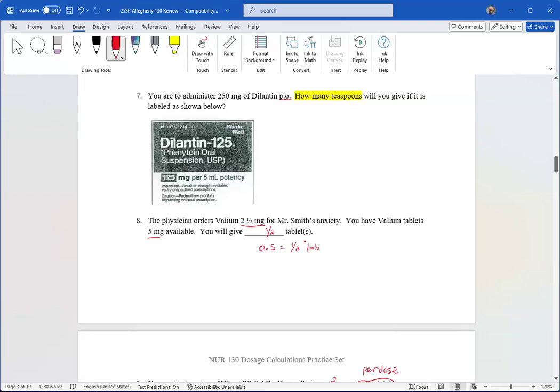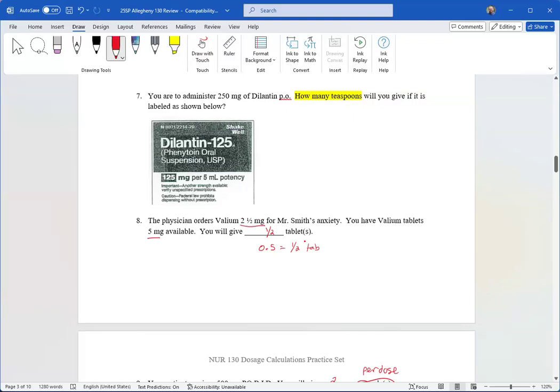Just make sure you have it clearly indicated that you know the answer. I don't know if there's one specific way they want you to write it; I think it's just making sure you have the information listed. But I do think they want you to write that half tablet for that type of question if they ask it.